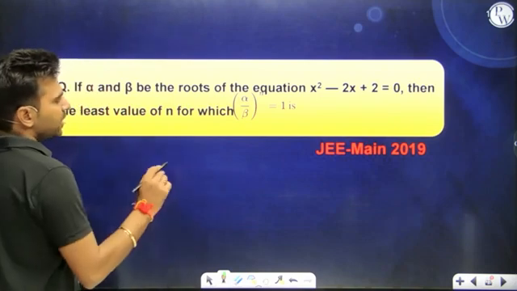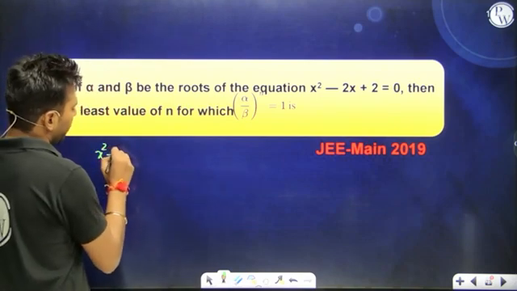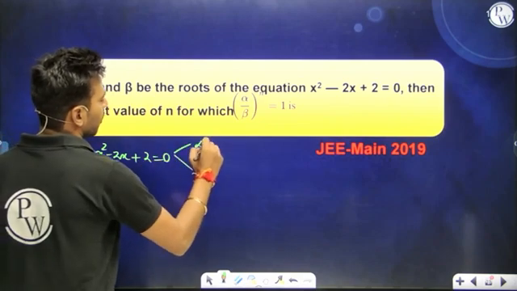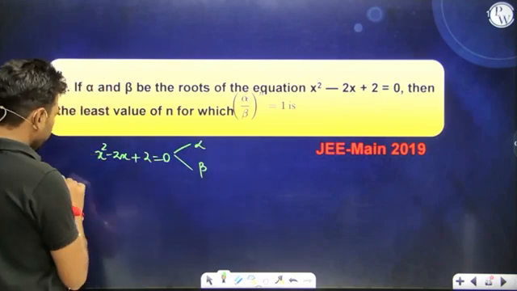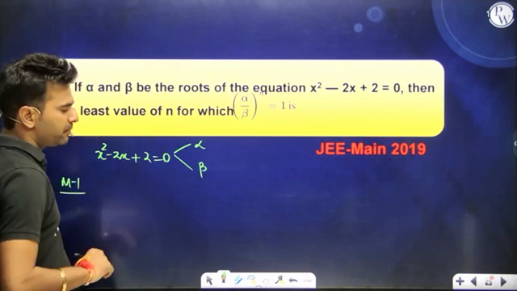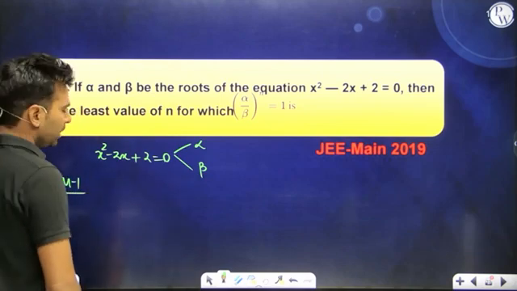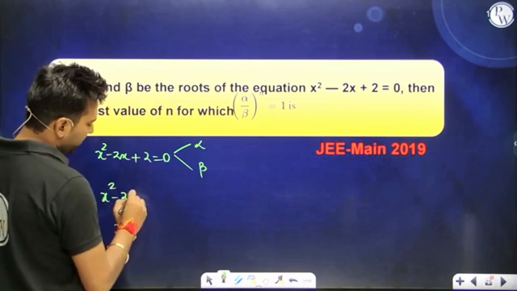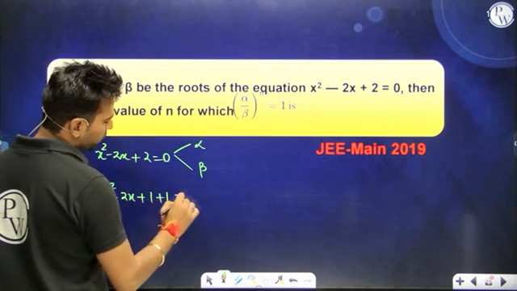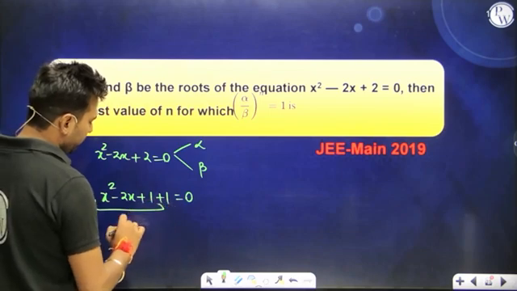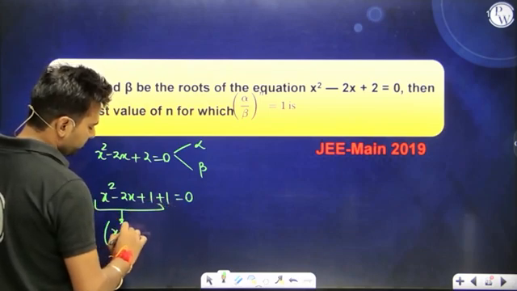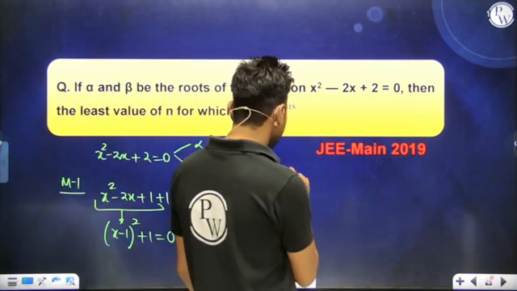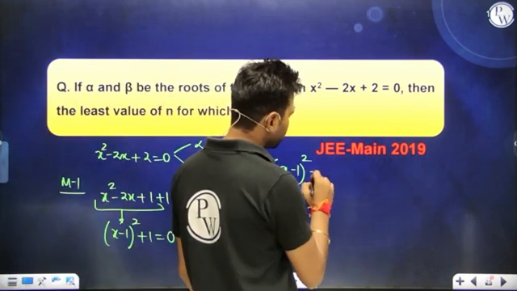If alpha and beta are the roots of this particular equation, there are numerous ways to find the roots. Method 1 is the Sridharacharya method. Another method is like this: x square minus 2x plus 1 equals 0. By this we can create a perfect square, so the equation becomes something like this.